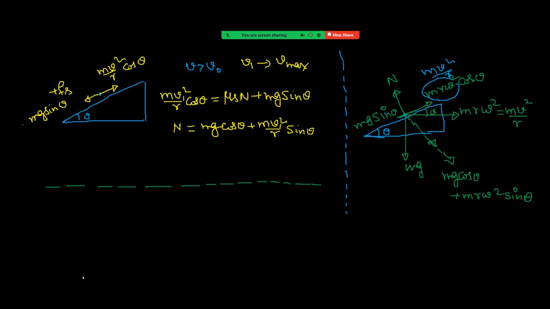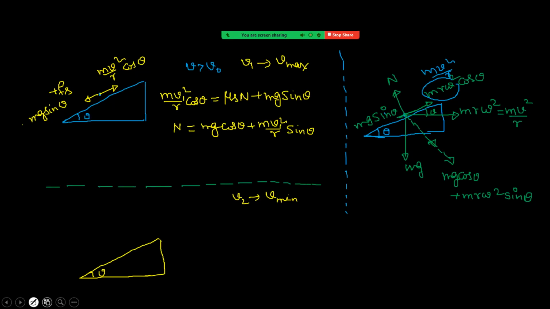Friction will be up the road at angle theta. Let us take V2 as the minimum speed for which the vehicle slips down the road.